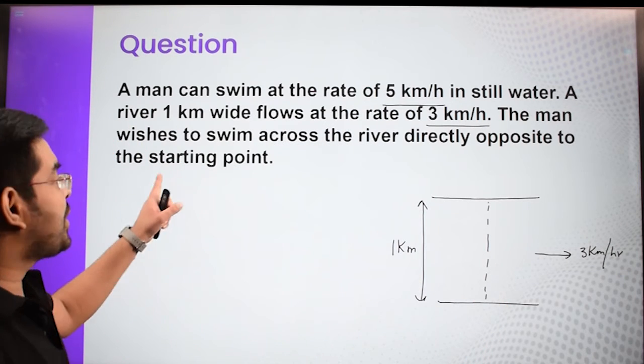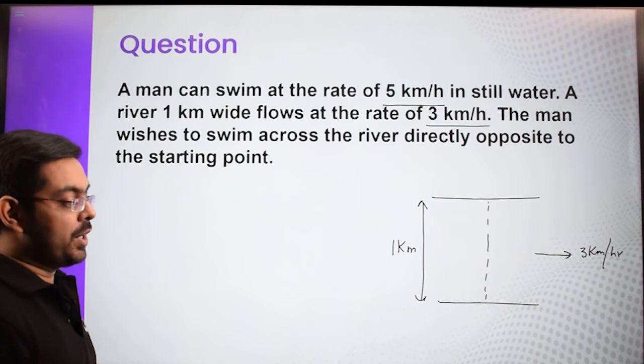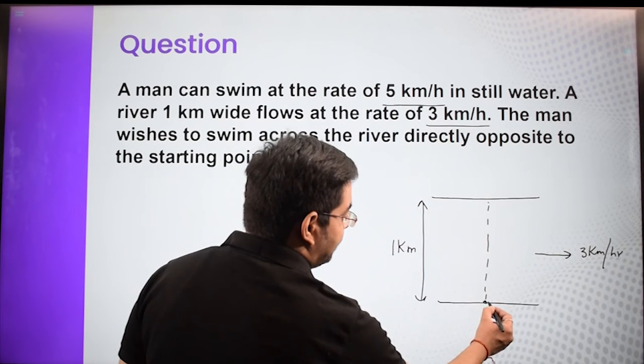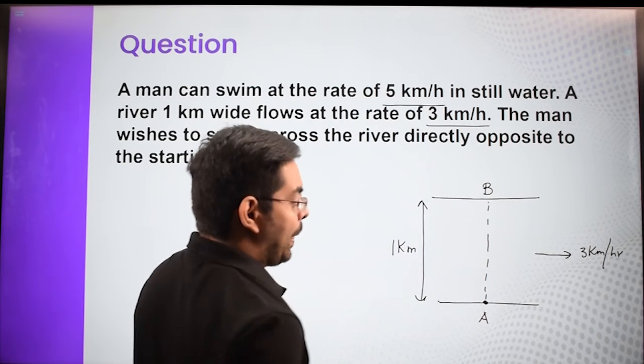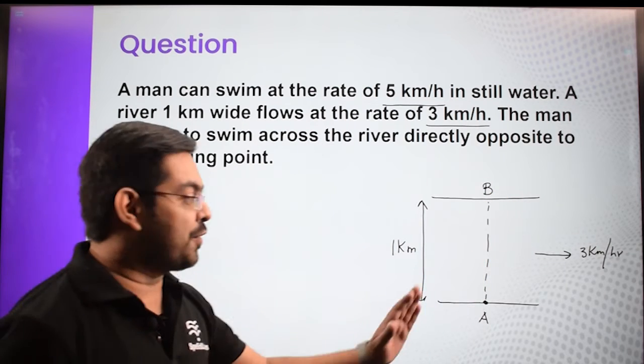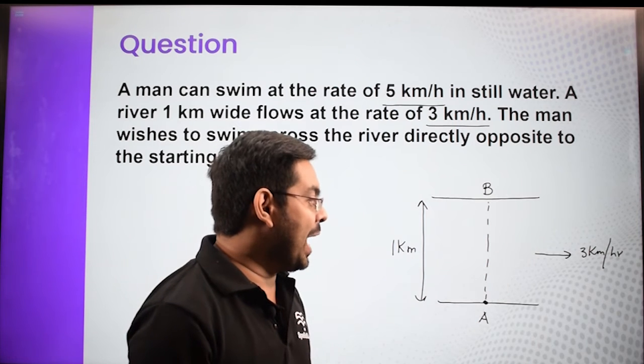Now the man wishes to swim across the river directly opposite to the starting point. So if man is here, he wants to reach point B. So if he applies his efforts along the AB line, then what will happen?